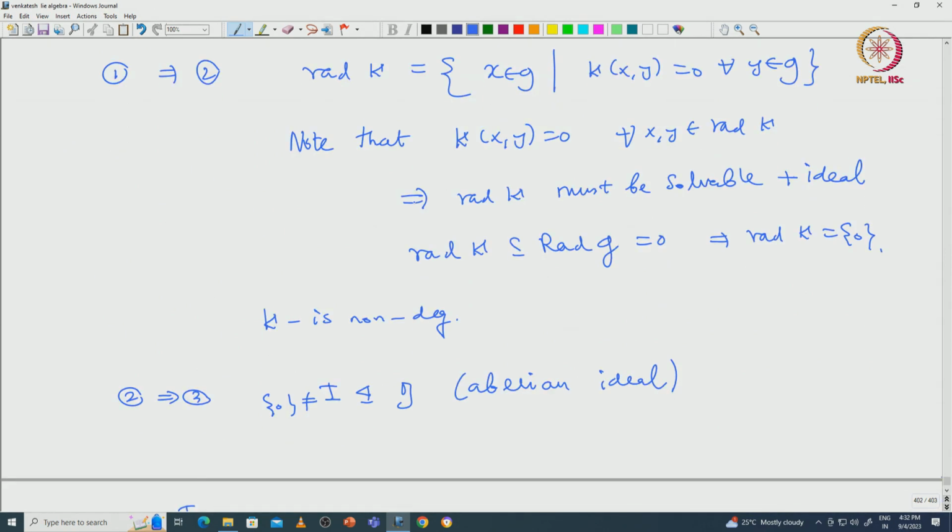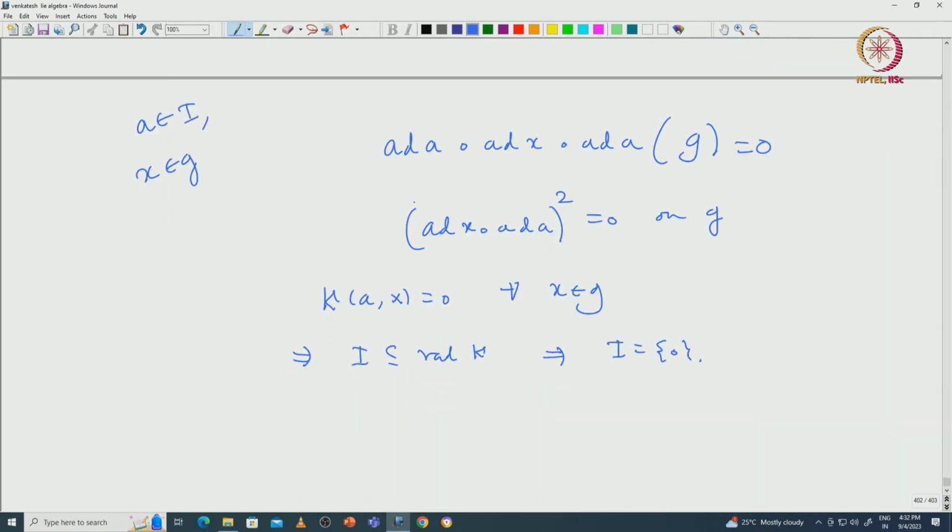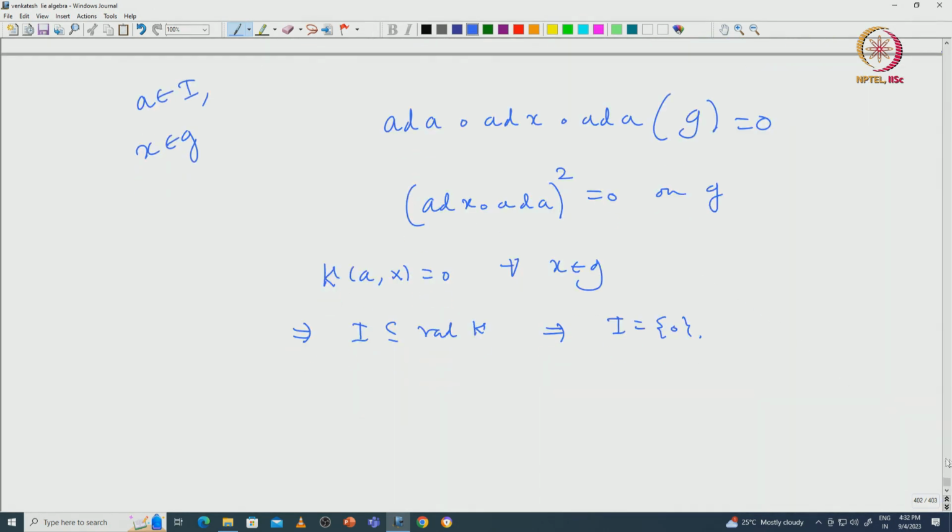So, all these statements being equivalent is proved using Cartan's first criterion. This K being non-degenerate is a very important criterion for semi-simplicity.